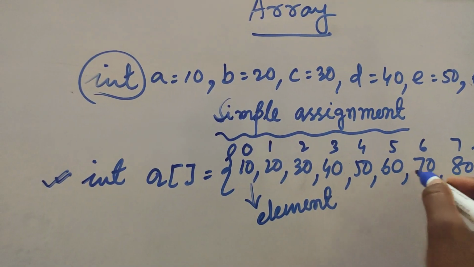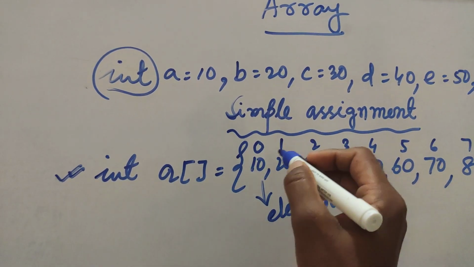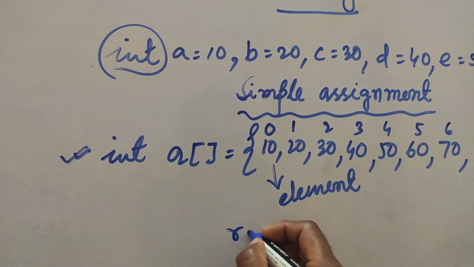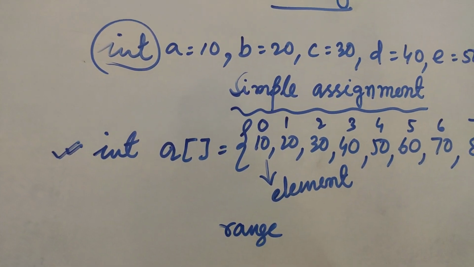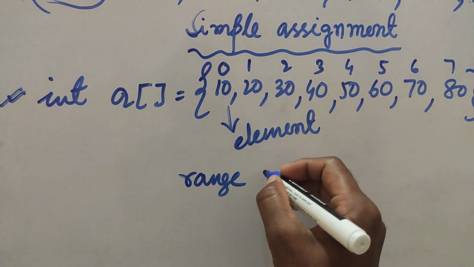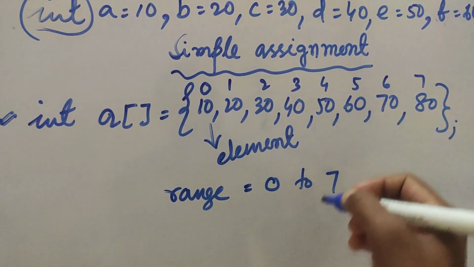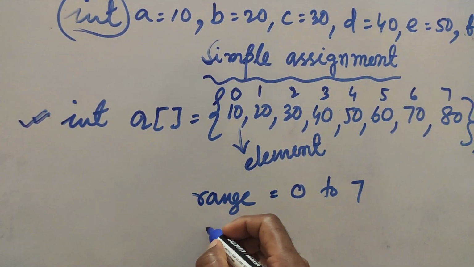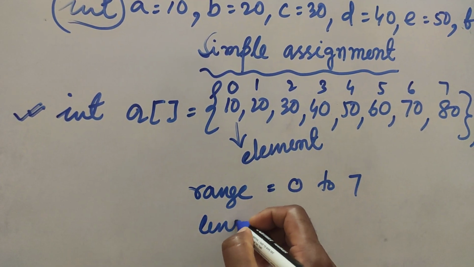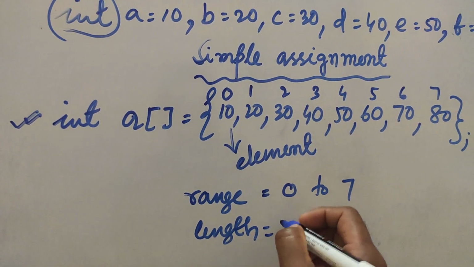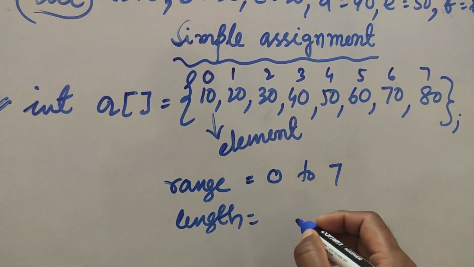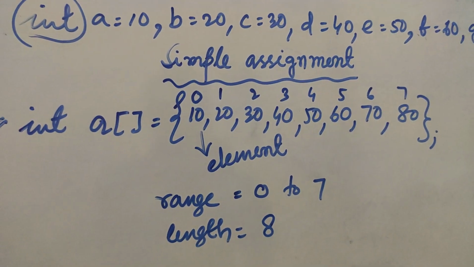These are called elements. Next, what is the range of the array? The range is 0 to 7. If I ask what is the length of this array, how many values are there? 8 values, so the length is 8.